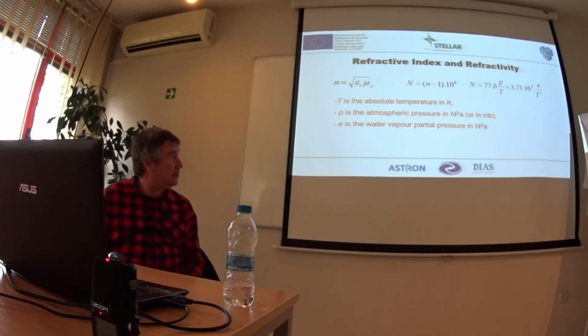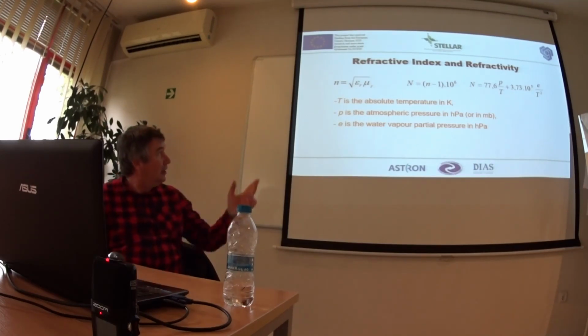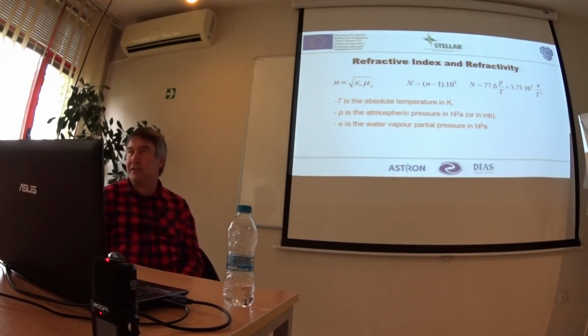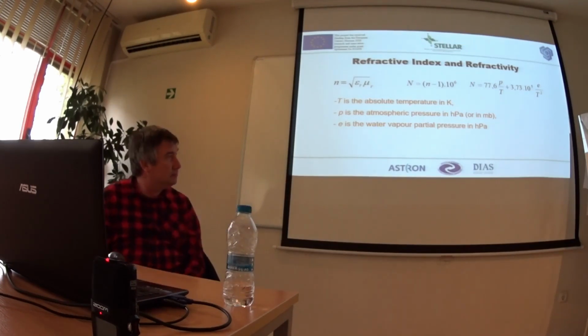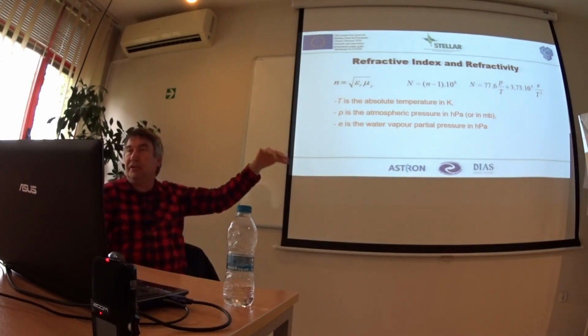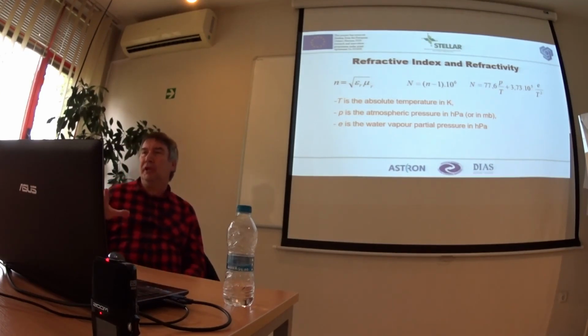We said that temperature in normal conditions decreases 5 to 6 degrees per kilometer. Atmospheric pressure also decreases by the barometric formula, you know this, and humidity, it depends on the humidity of the air, and humidity also varies in different conditions.